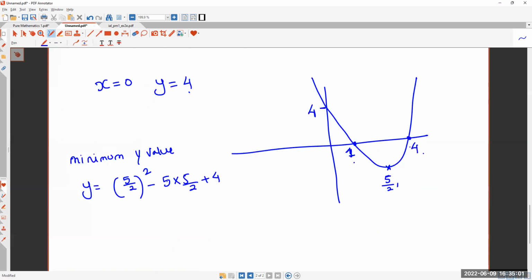Check what answer you are getting. Make sure you put brackets. Minus 2.25. Minus 2.25 in fraction, how much are you getting? I should do 9 by 4. Check whether it is 9 by 4 or not. Yes, it is going to be minus 9 by 4.